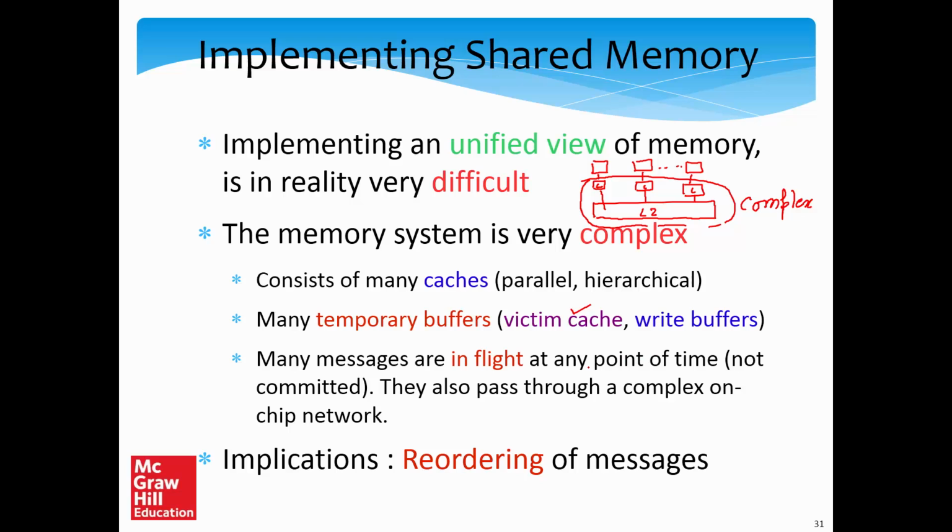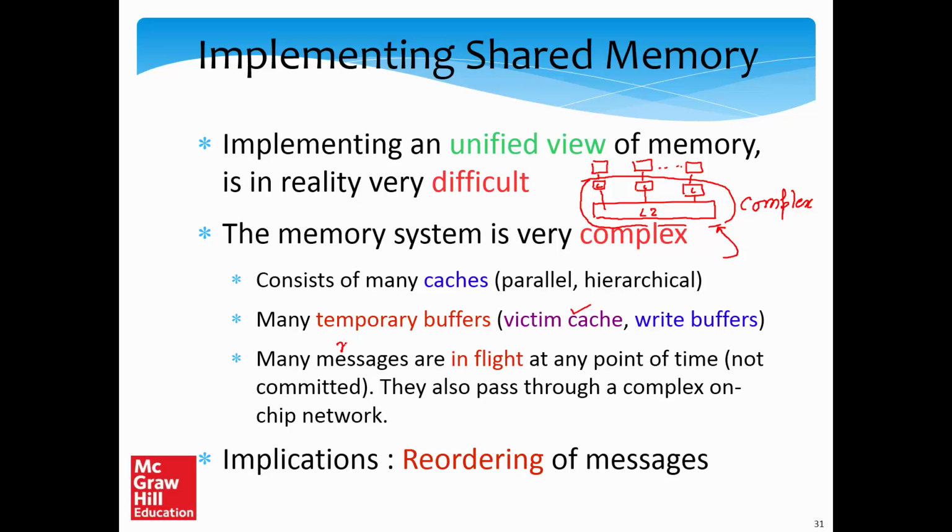Moreover, it is also possible... So how will you communicate with the memory system? You'll send a message, and a message can be a read message or a write message. So what can happen in a complicated system like this is that there can be many messages that you are sending to the memory system, messages which are in flight at any point of time.